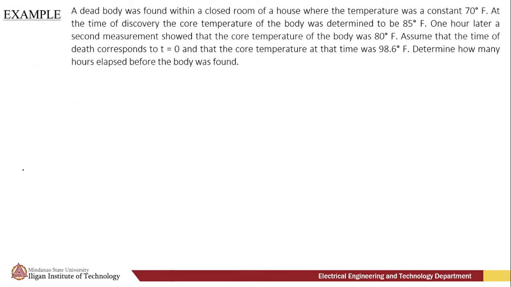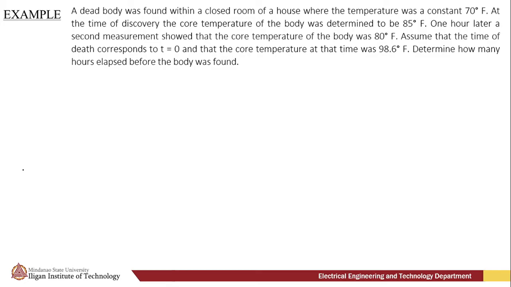So we have here an example. A dead body was found within a closed room of a house where the temperature was at a constant 70 degrees Fahrenheit. At the time of discovery, the core temperature of the body was determined to be 85 degrees Fahrenheit. Then 1 hour later, a second measurement showed that the core temperature of the body was 80 degrees Fahrenheit.